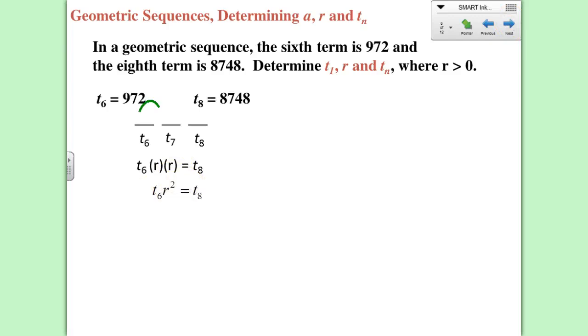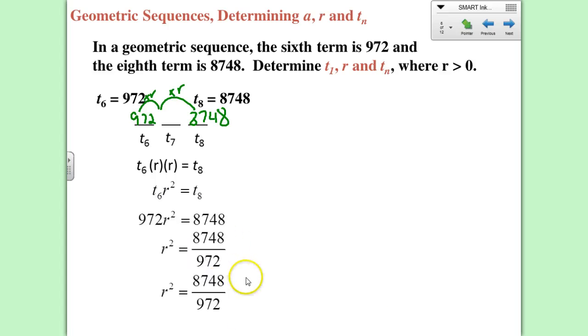So if you look at our pattern here, right, to get from term 6, you must multiply by r twice. Multiply by r, multiply by r. So using common sense, 8748, to get from 972 to 8748, you must multiply by r twice. Cool.